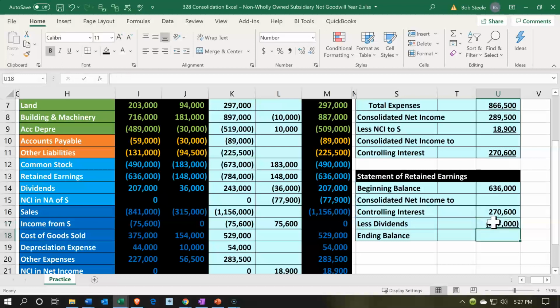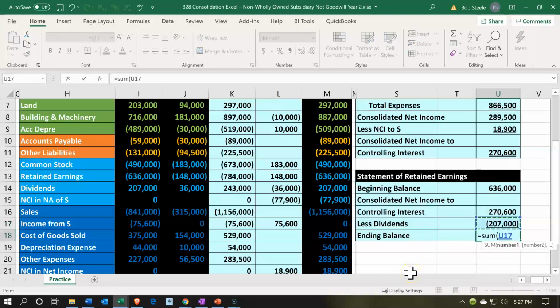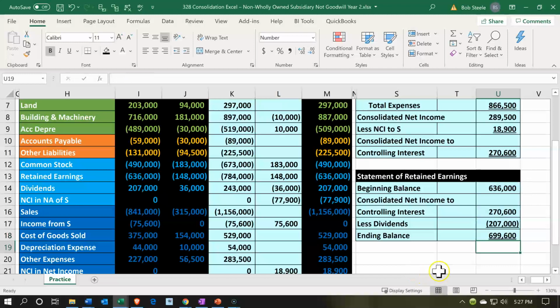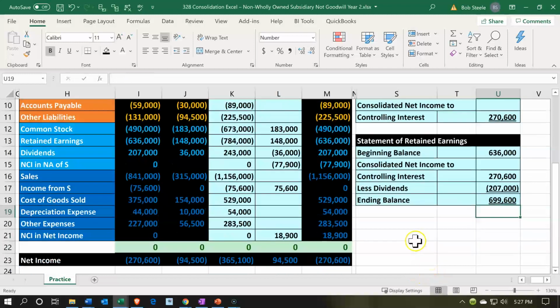And that should equal our ending balance for retained earnings. So if we sum that up, ending balance, which is the 6996 that you'll recall we calculated as this, and then all of this. So the 966,600.